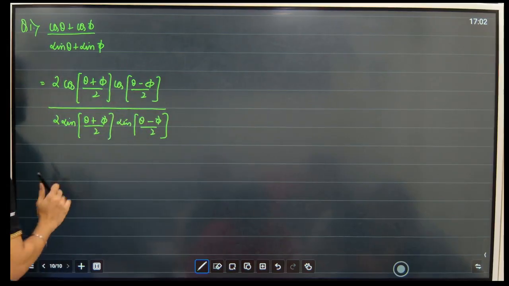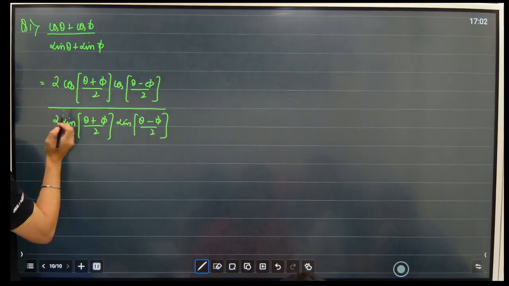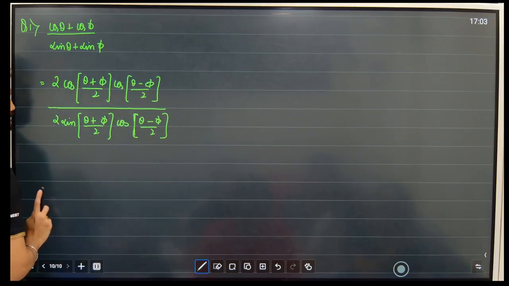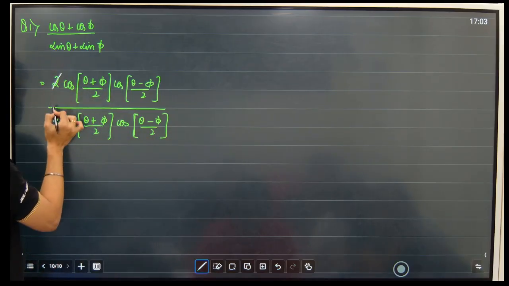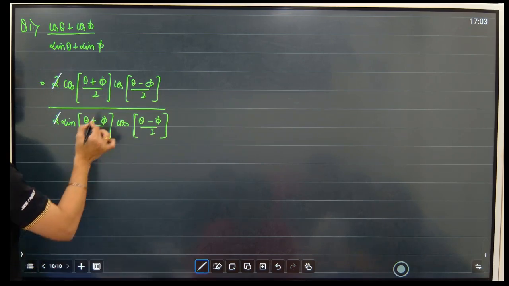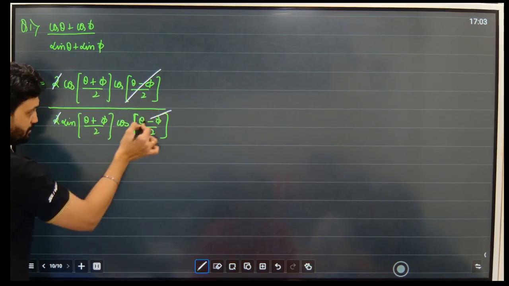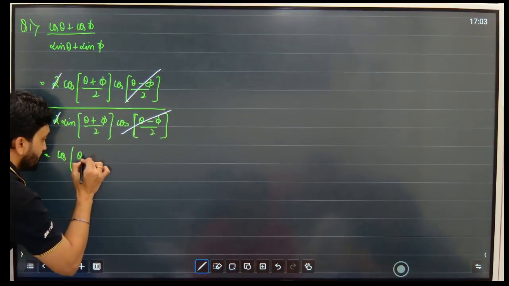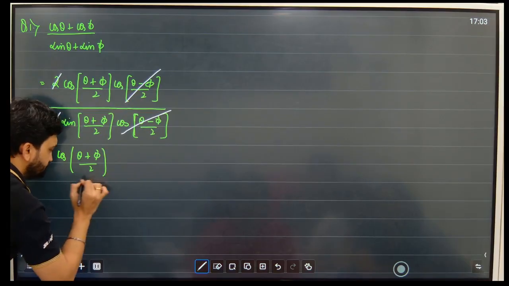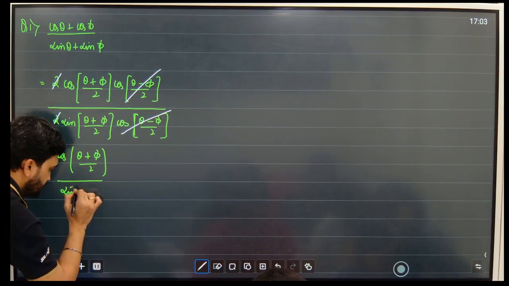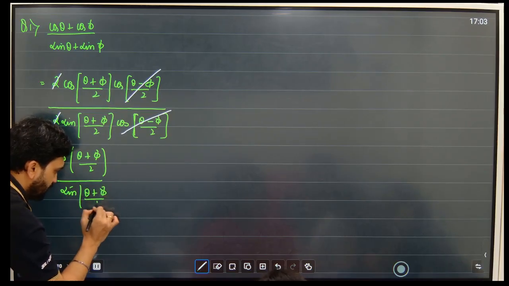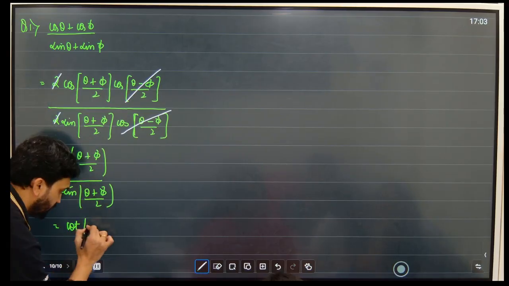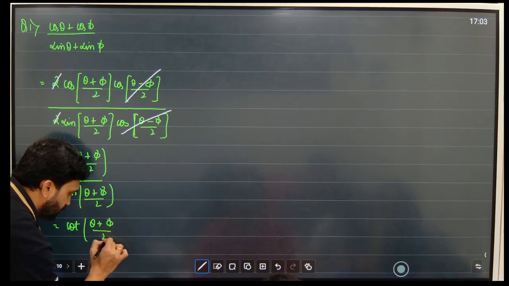Before I start solving, sorry, this will become cos. I'm so sorry, cos. Now when I start solving, first my 2 gets eliminated and the entire common term gets eliminated. I am left with cos of (θ+φ)/2 upon sin of (θ+φ)/2, which is nothing but cos upon sin, cot of (θ+φ)/2.